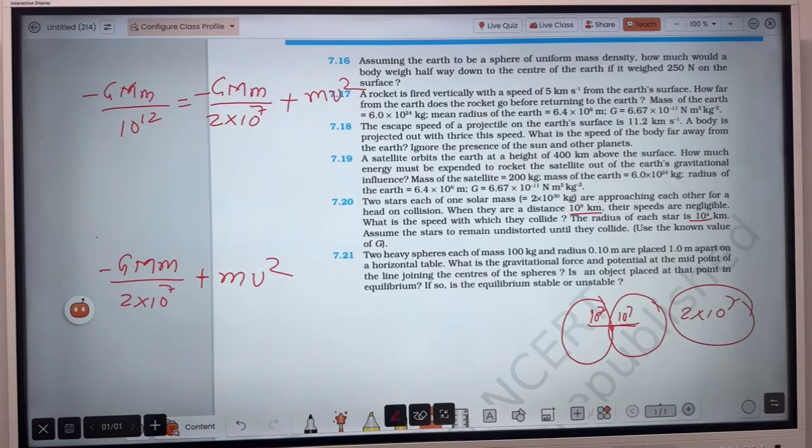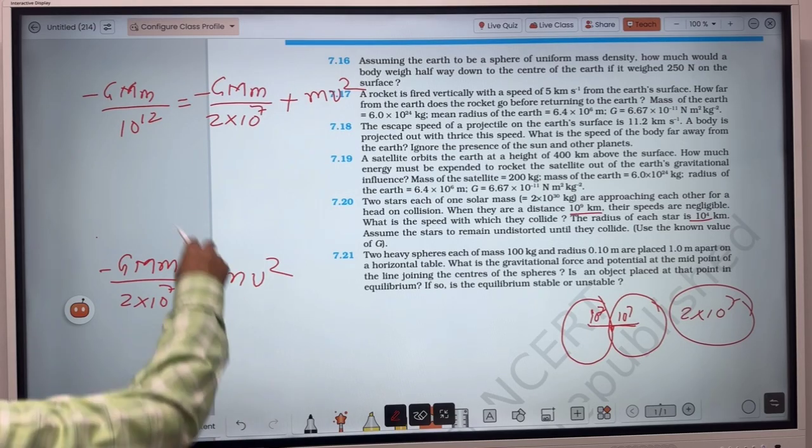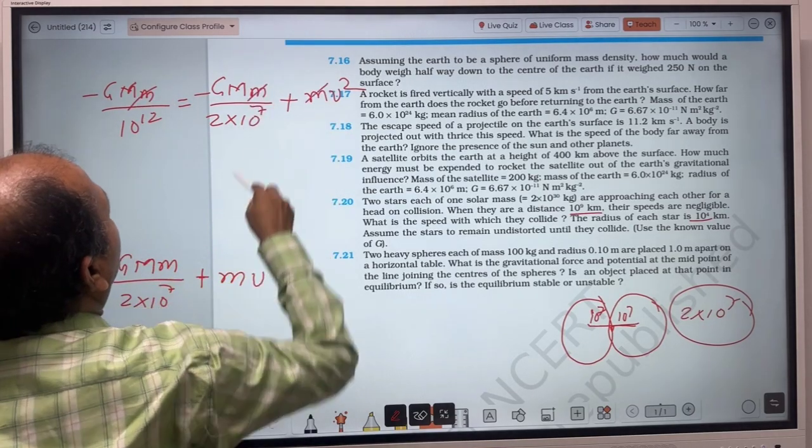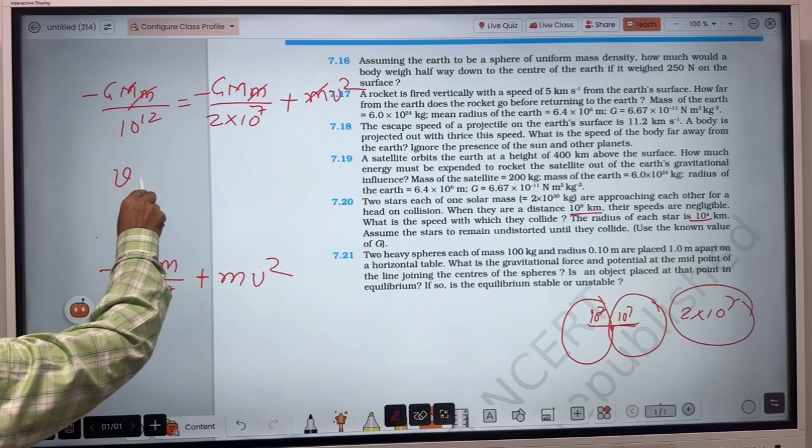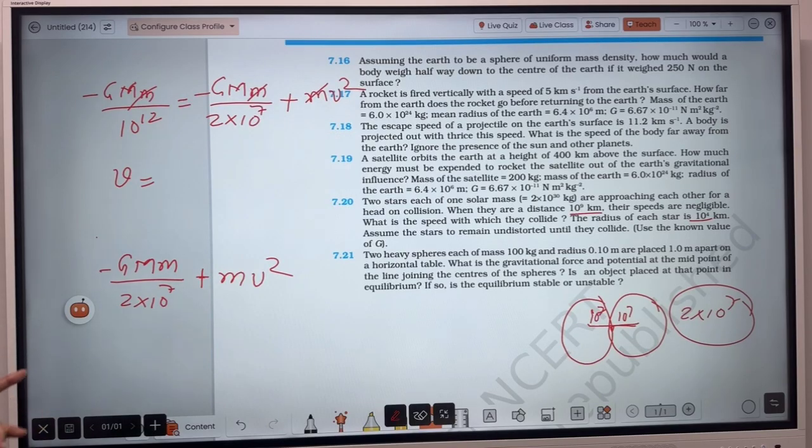Up to here any problem? I don't think so. M can be cancelled and then we can put the values. So after putting the values, we can get V.